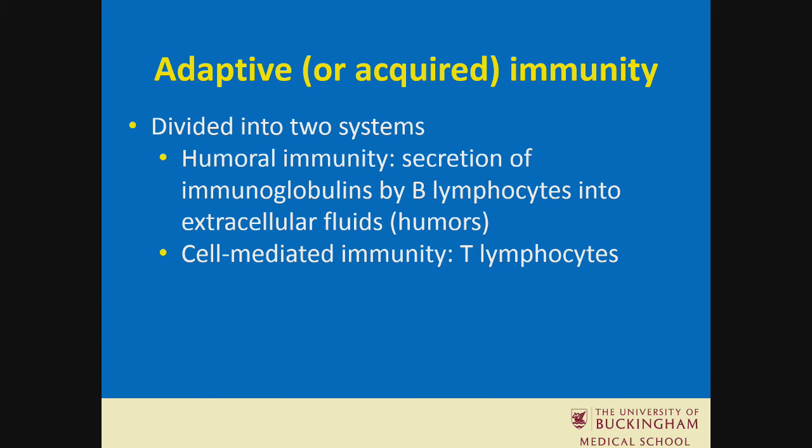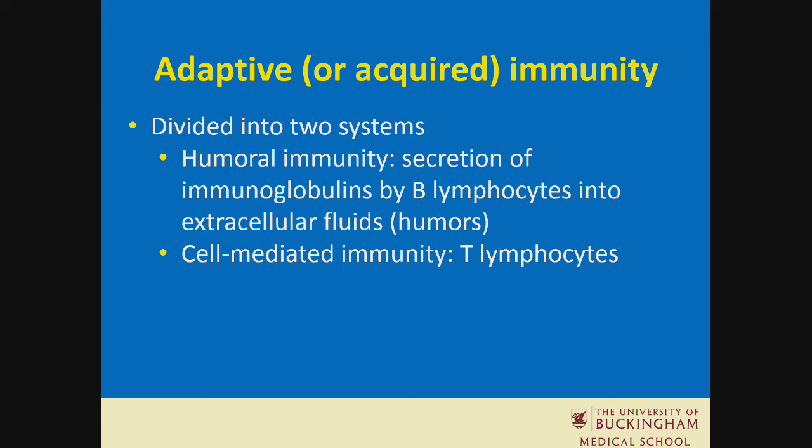So these cells, in part, constitute a big chunk of the innate immune system. The adaptive system can be, for purposes of teaching, classification, divided broadly into two systems, but of course there's crosstalk between these systems. So you've got humoral immunity, which means it uses the humors, the fluids of the body, and these are secretory molecules, antibodies produced by B cells.